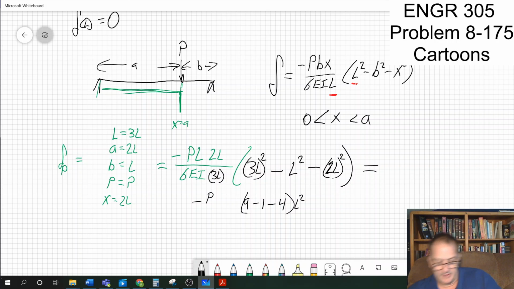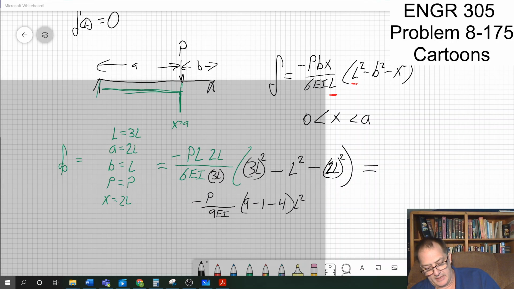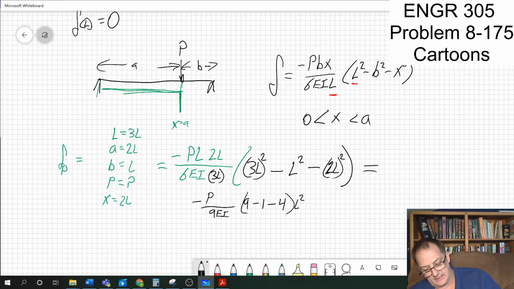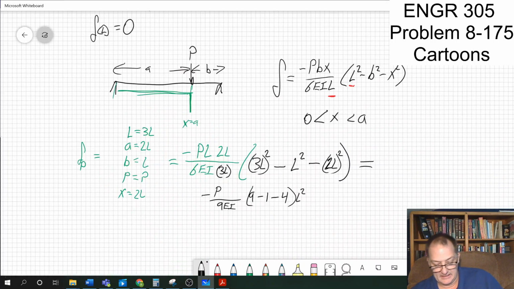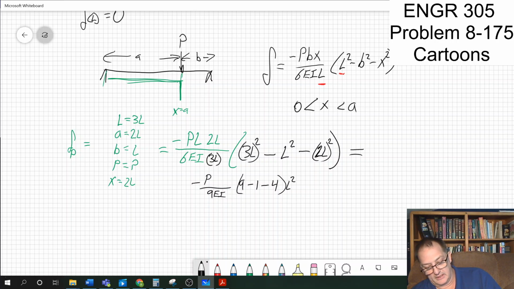That puts a 3 on the bottom, so that all puts a 9 down here, a 9EI, and I have an L squared on the top and an L on the bottom. Good grief, I'm struggling. L squared on the top, L on the bottom, and I've got an L. And that makes sense because I should wind up with an L cubed.